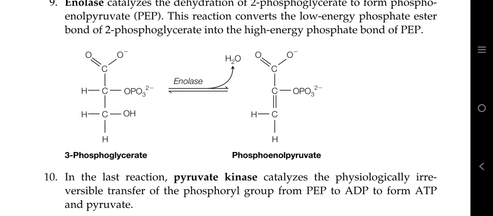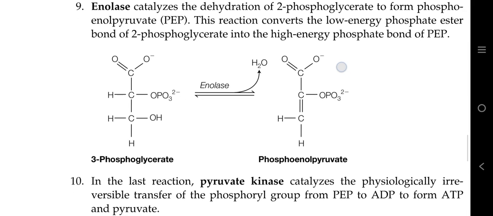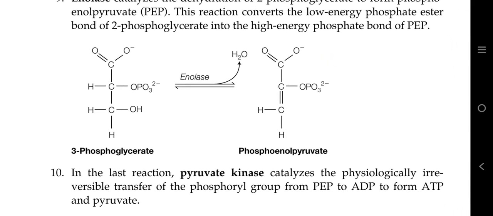In this reaction, 2-phosphoglycerate is converted into phosphoenolpyruvate. So in this reaction, the low energy phosphate ester bond of 2-phosphoglycerate is converted into the high energy phosphate bond of phosphoenolpyruvate. This reaction is catalyzed by the enolase enzyme.